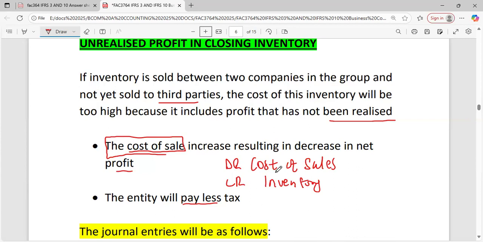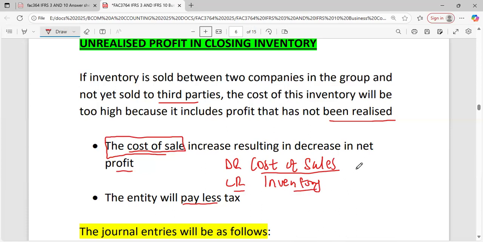When you debit cost of sale because of the unrealized profit in closing inventory, you are reducing the profit. Then you credit inventory, which reduces the value of the inventory by the unrealized profit.